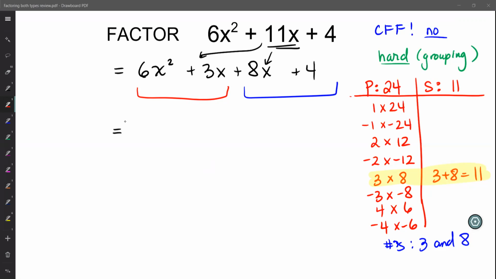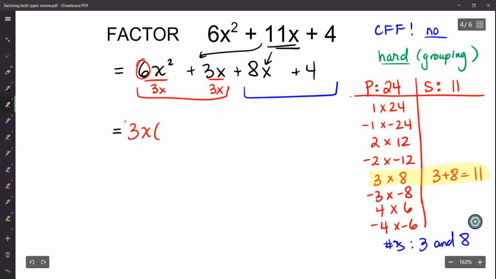There's something else that's common. Other than 3, 3x. Perfect. Okay, and Brad, what would we have left in the bracket? 3 plus, I think it's just 3, right? No? 6 divided by 3 is? 3x plus 1. Or 2x plus 1, my bad. Okay, there we go. You got it.